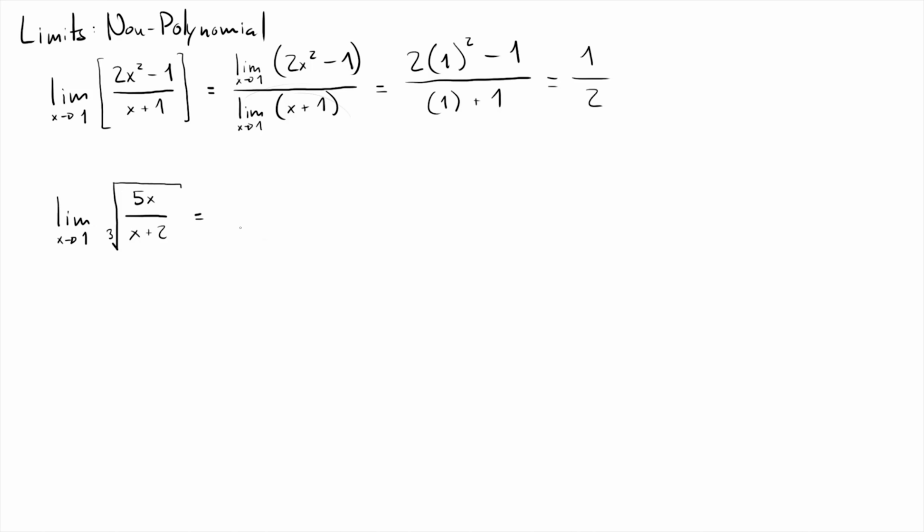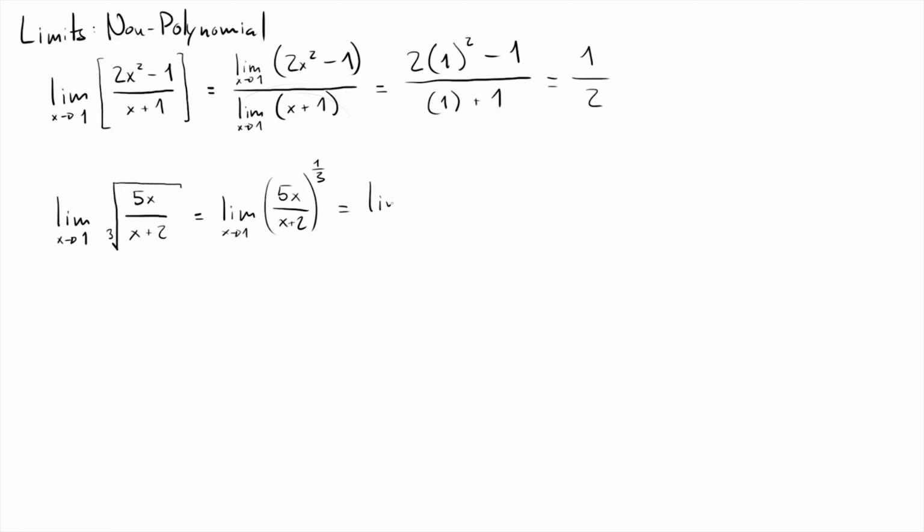Again, we're going to use our properties of limits, and we're going to take this third root, or cube root, and turn it into an exponent. So now we have the limit as x approaches 1 of (5x over x plus 2) to the exponent 1 over 3. And remember, with exponents, we can take them outside of the limit.